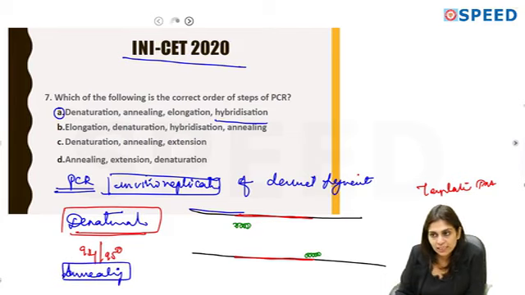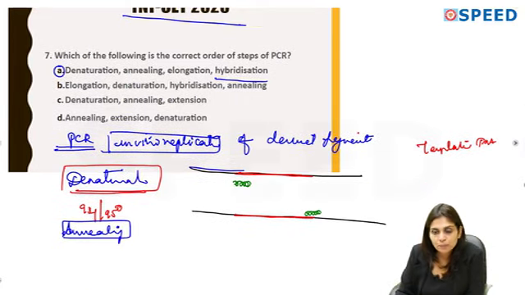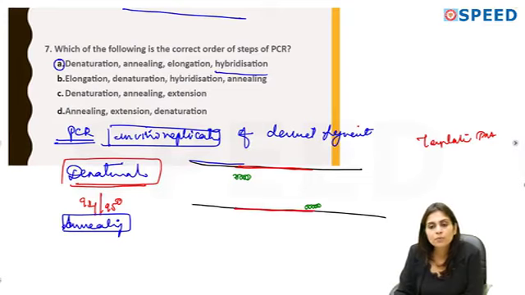And I've told you that the annealing step temperature has to be low, otherwise the primers won't go and anneal. But at the same time it cannot be too low. If it's too low, primers go and non-specifically bind somewhere else. So annealing temperature has to be optimal. And when I say optimal, it's not a random choice.